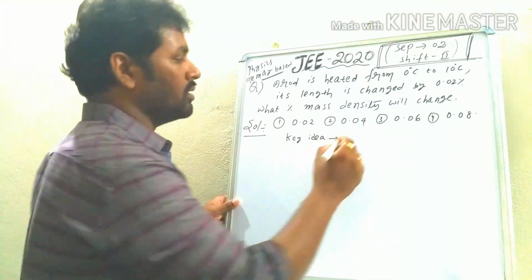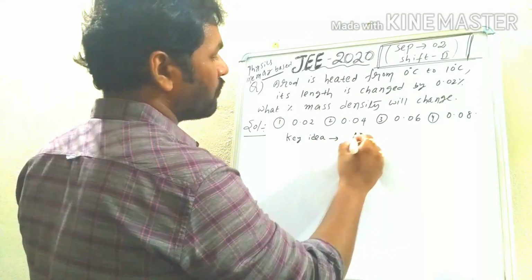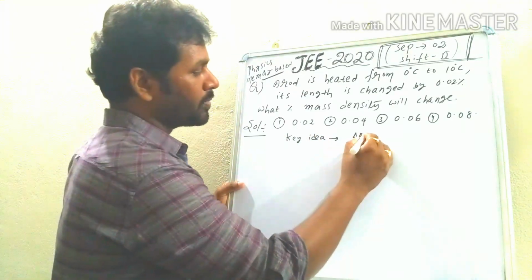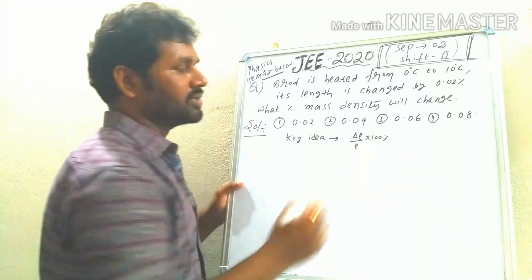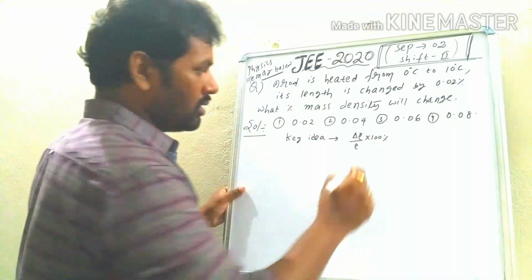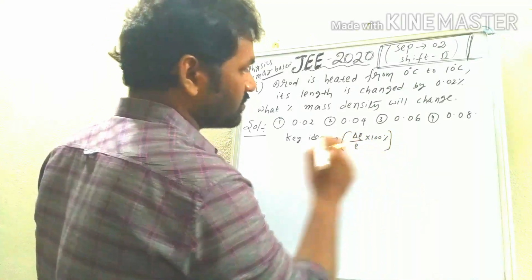We need to find delta rho by rho into 100%, nothing but the percentage change in density. We need to get this value.